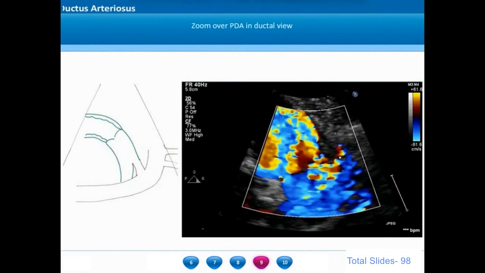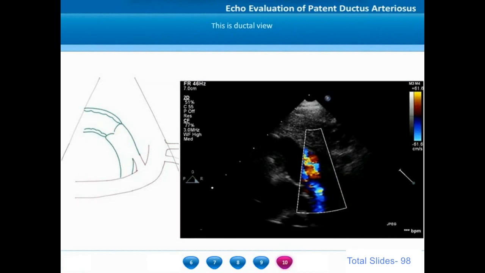Once we identify the ductus in the ductal view, then we magnify the region of the ductus to get a better visualization of the ductus arteriosus. This left parasternal view taken in sagittal plane from the left first or second intercostal space will be called the ductal view.